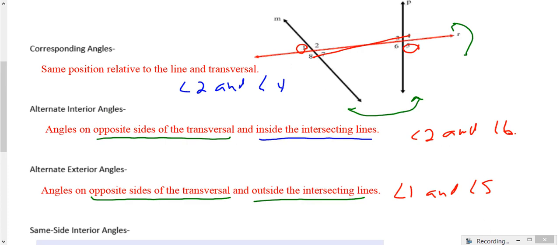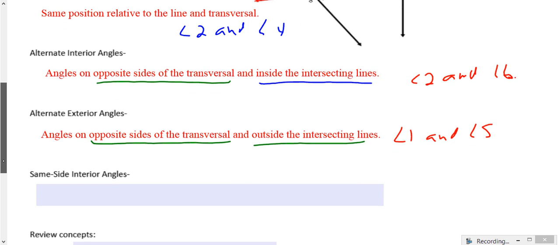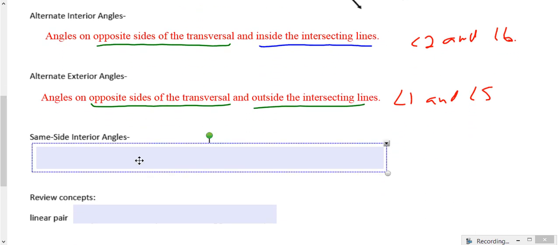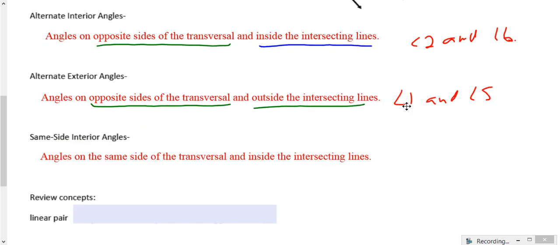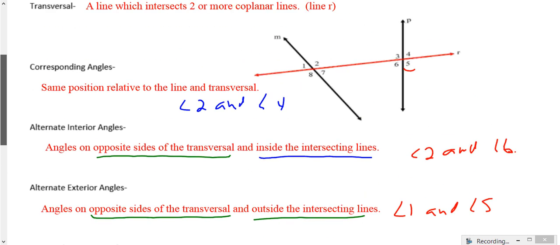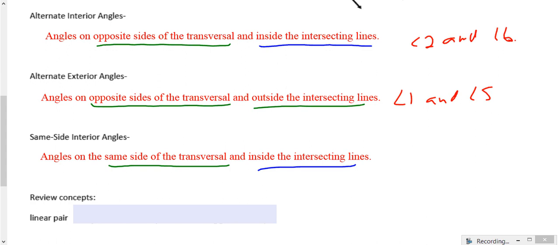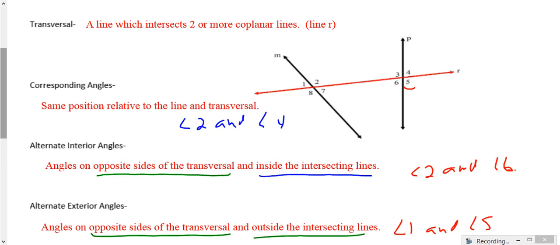Another definition is same side interior. Same side interior has same side of transversal, that's different than the other two, and then inside the intersecting lines. So same side of the transversal would be either this side or this side, but not alternating.